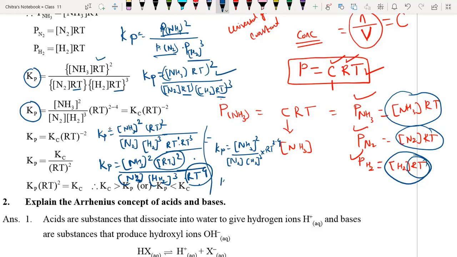So Kp equals NH3 to the power 2 divided by concentration of N2 into concentration of H2 to the power 3, into RT to the power minus 2. So this is the relation for Kp. Understood?